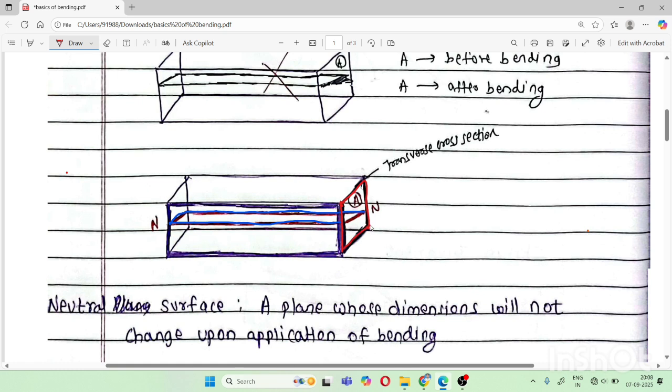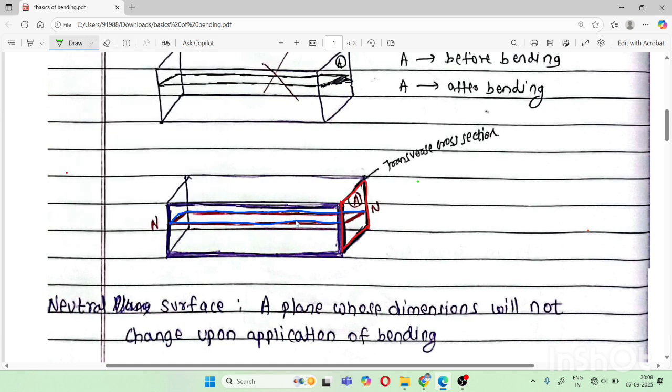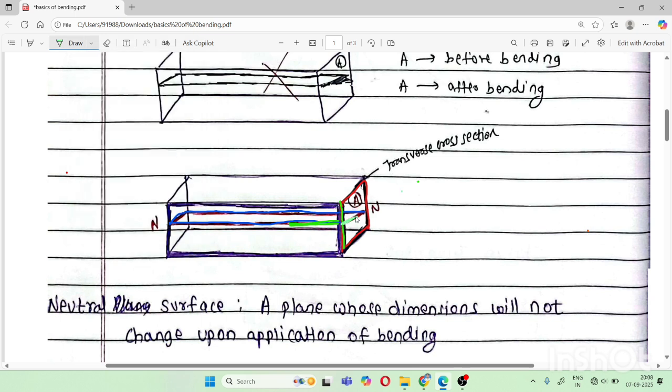Now here I have marked the cross section in red color. The line where the neutral surface meets the cross section, we refer to as the neutral axis. So here you can see this is our neutral axis.